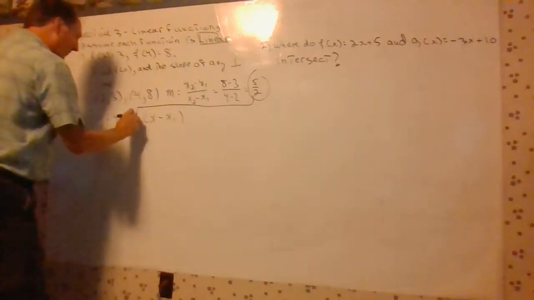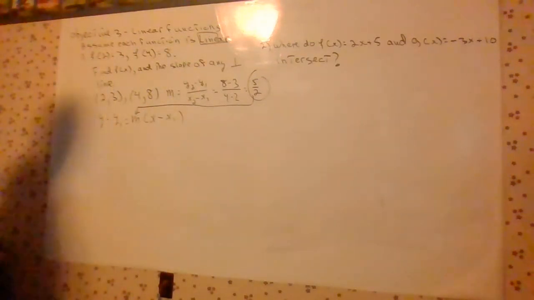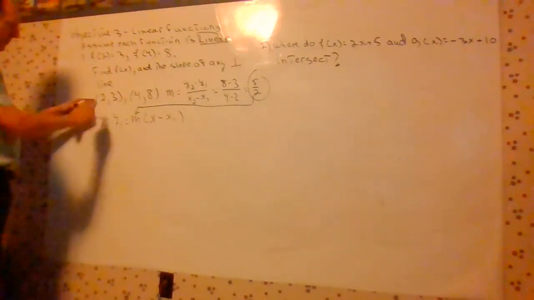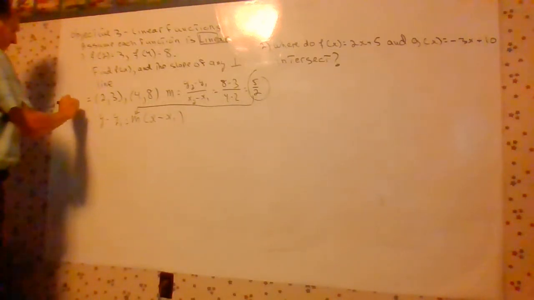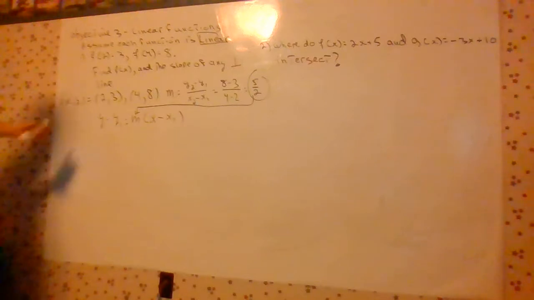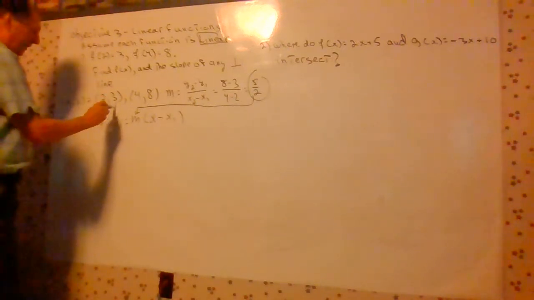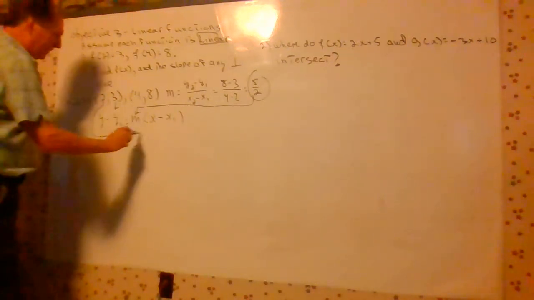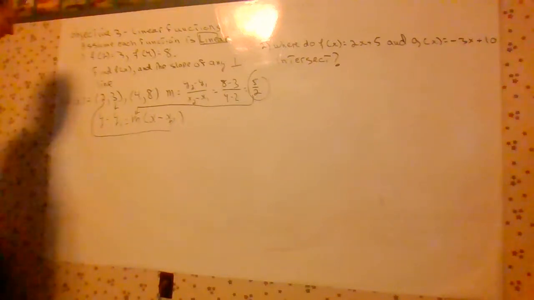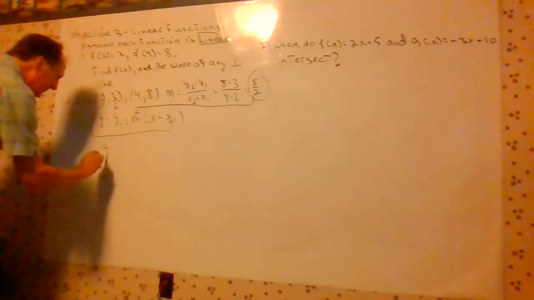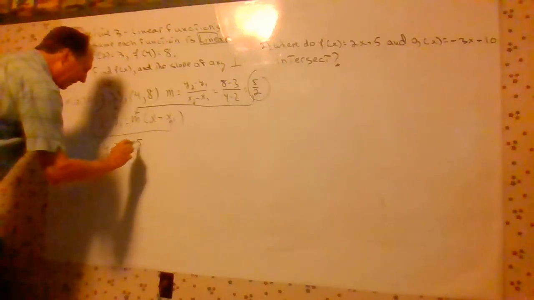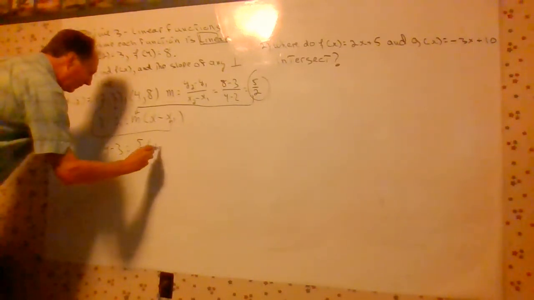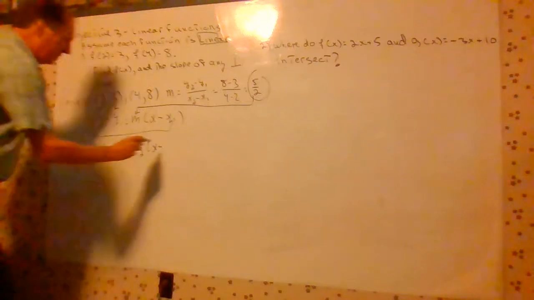So that's going to go right here. And then we can let (x1, y1) be (2, 3), for instance. And that means 3 is y1, that's got to go right here, and 2 has to go right here. And so that gives us y minus 3 equals 5 halves times x minus 2.